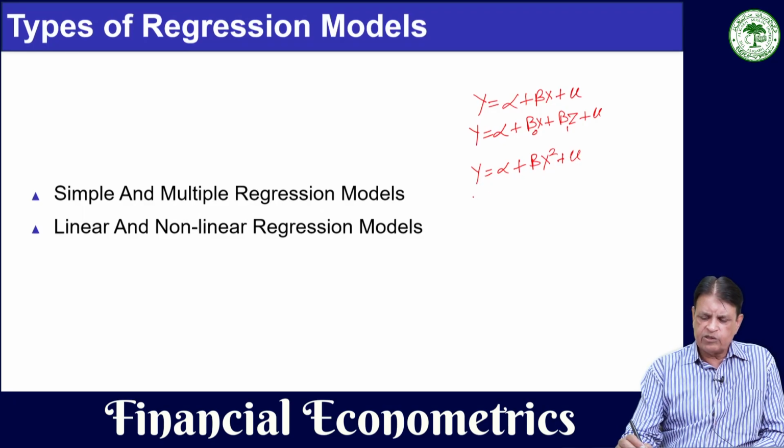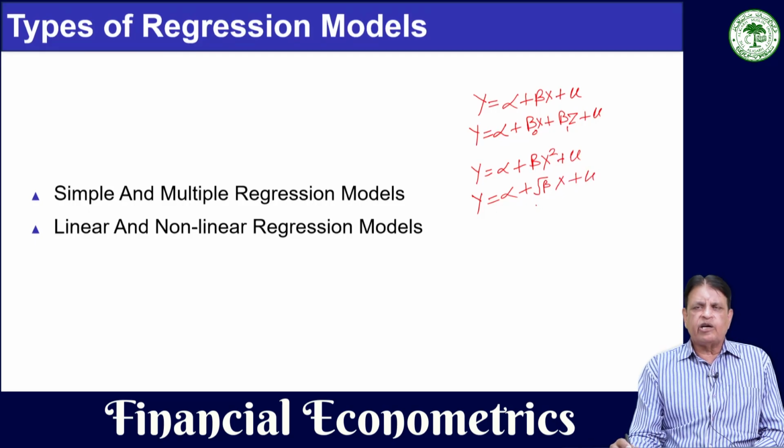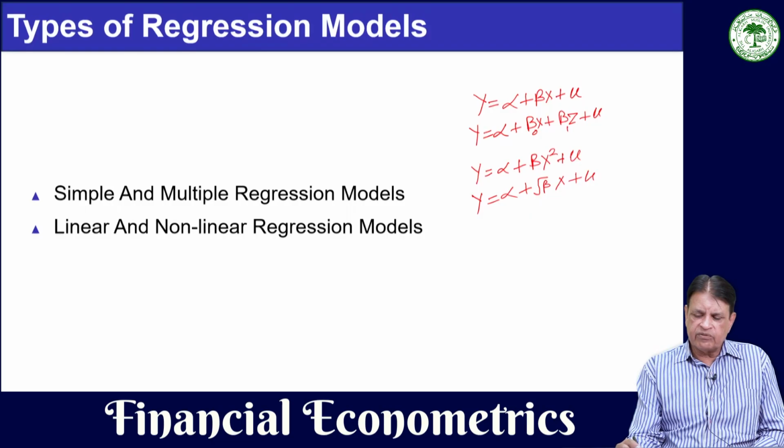We may have this one also, where we write alpha plus square root of beta and x plus u. Now this is also a non-linear relationship, but the difference between this and the previous one is that one is non-linear in variable and this is non-linear in parameter.